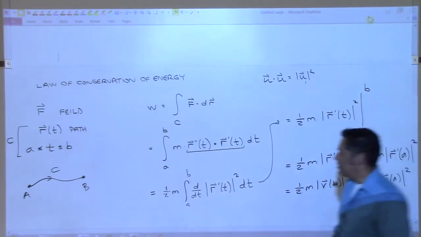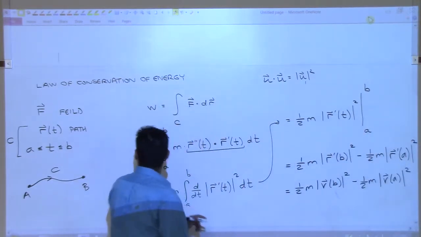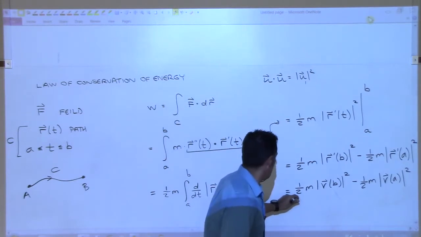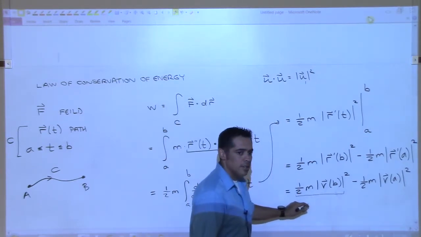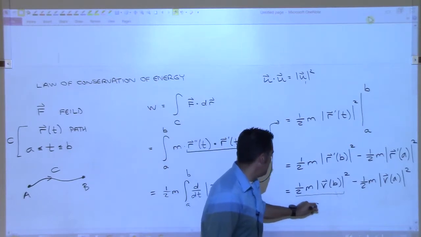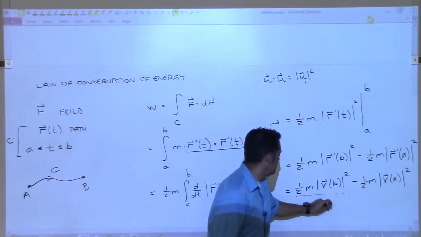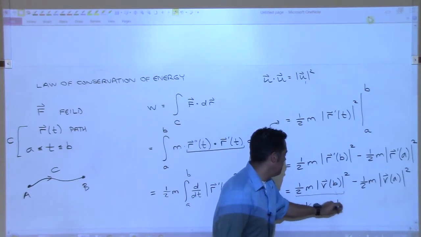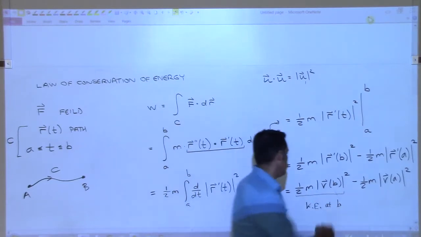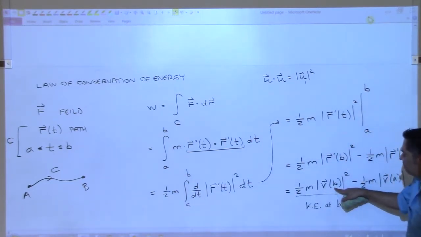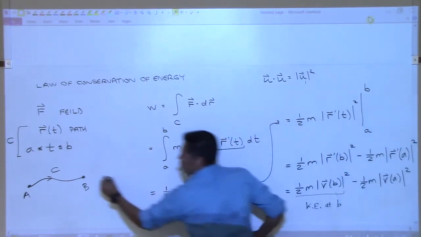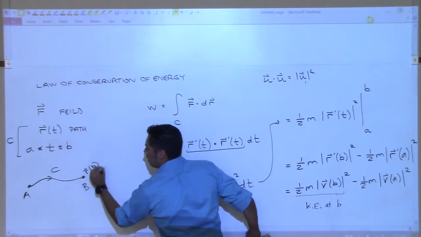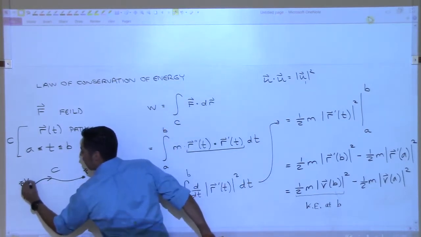So that tells us that, and this we said was what? When we started class, if you came in a little late, we said this is the kinetic energy, right? This is kinetic energy at what, B? Sorry, at time B, right? Which corresponds to, this is R of B right here, and this is R of A right here, right?